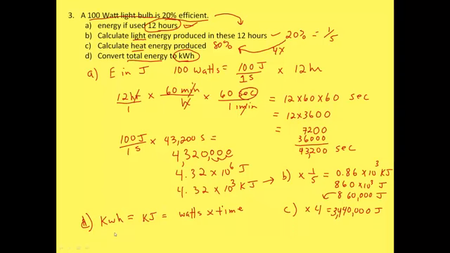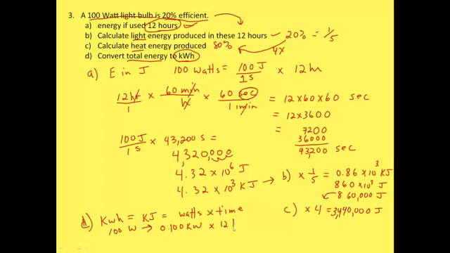So let's start down here. We're going to convert 100 watts and change that to 0.100 kilowatts to start off with, and then times the hours.